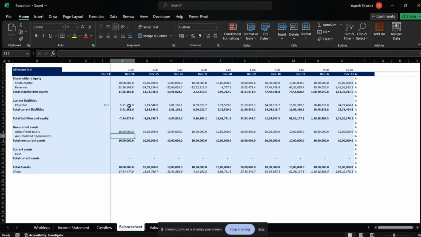The accumulated depreciation is last year's accumulated depreciation plus this divided by 10, and we'll just put a minus sign at the start.